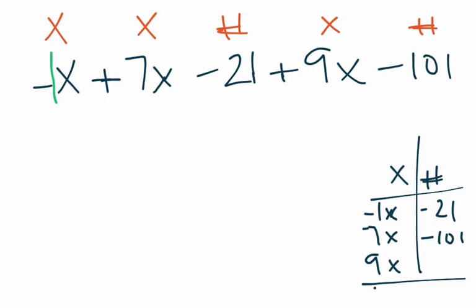And if I add all that together, I can even use my calculator. In my calculator I put negative 1 plus 9 plus 7, and that would give me, let's see, 15.